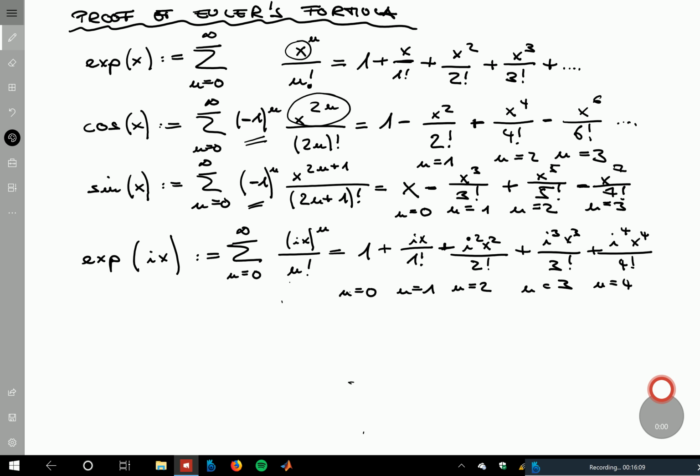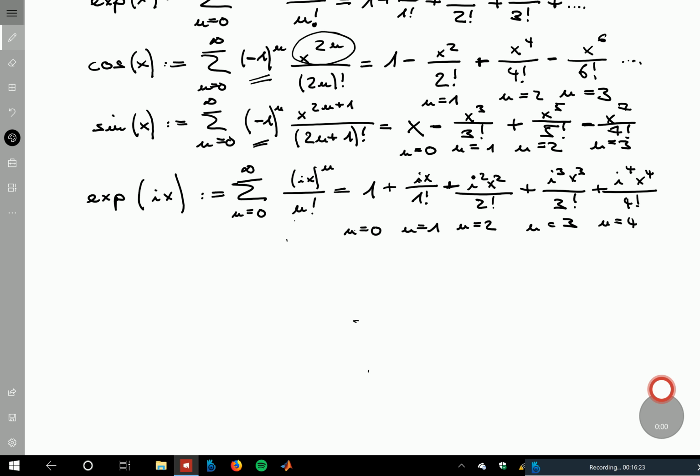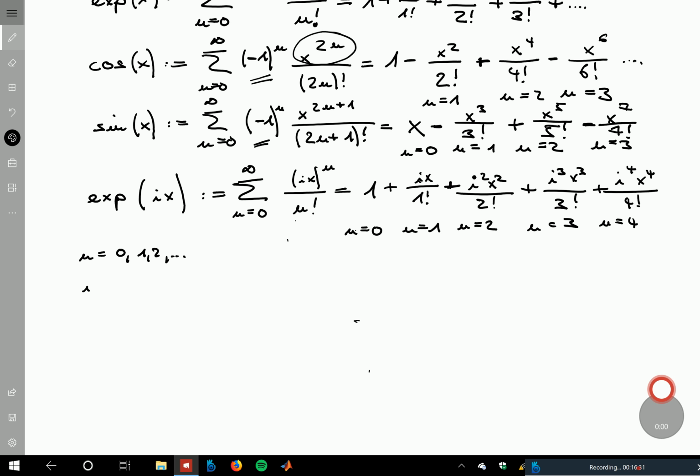And then the trick of the whole proof is that we should have a closer look at what happens with our i's here. So if we go from n equals 0, 1, 2, and so on, first we have i to the power of 0, which is 1, and I emphasize that it's positive here.